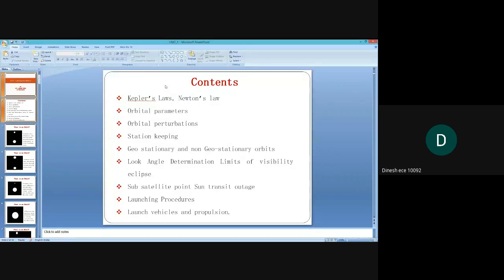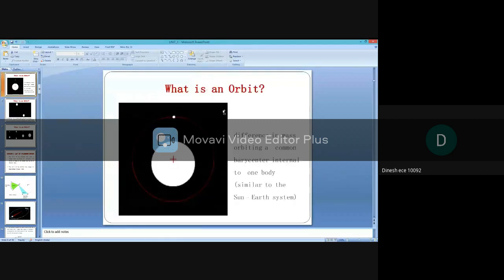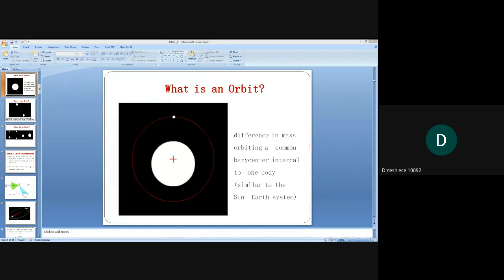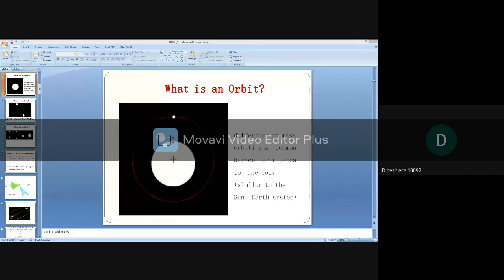So first of all, let us see what an orbit is. You can see there is a plus at the center. That is the center, and around the plus there is a circle of white.